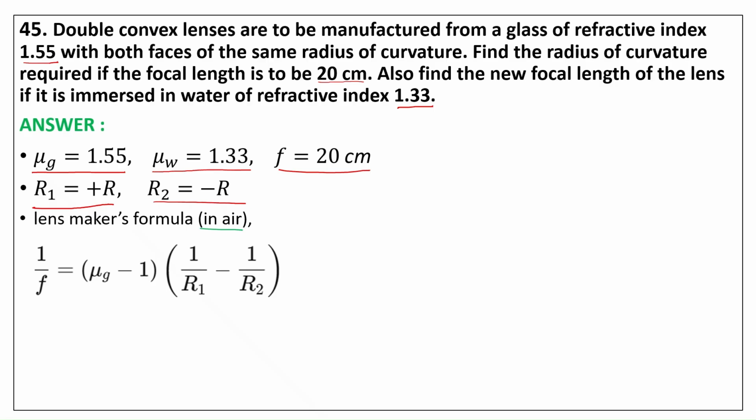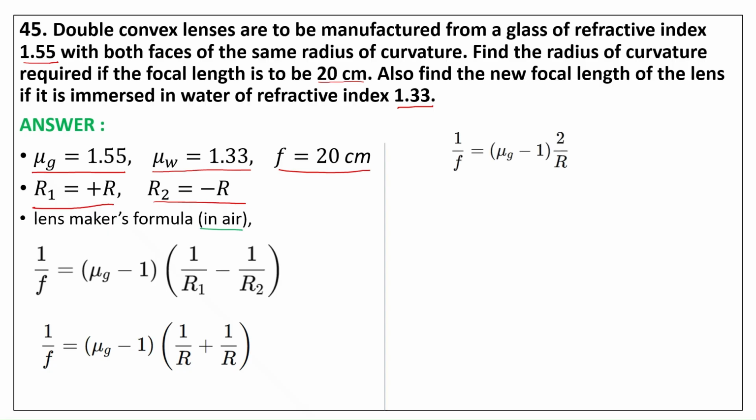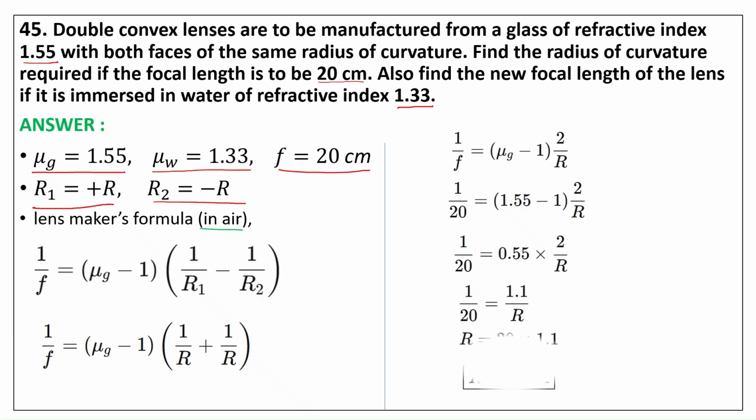Substitute R1 and R2 in above equation, we get 1 by f is equal to mu g minus 1 into 2 by R. That is, 1 by 20 is equal to 1.55 minus 1 into 2 by R. Next, 1 by 20 is equal to 0.55 into 2 by R. That is, 1 by 20 is equal to 1.1 by R. On cross multiply, we get R is equal to 20 into 1.1. Therefore, R is equal to 22 cm.